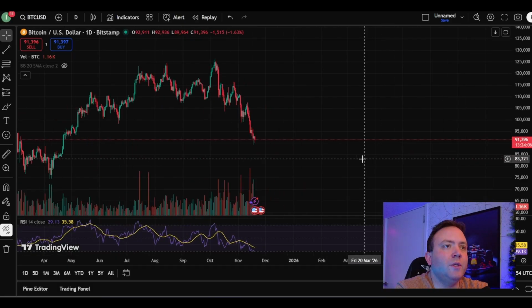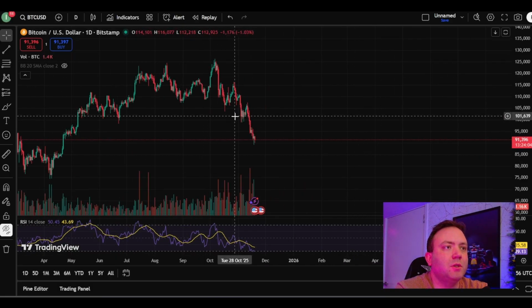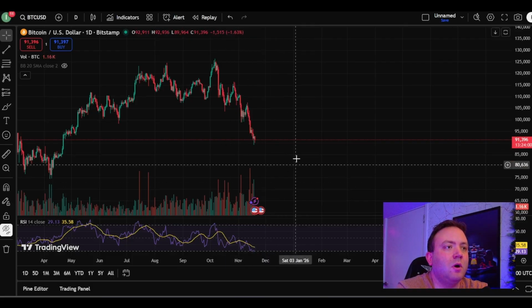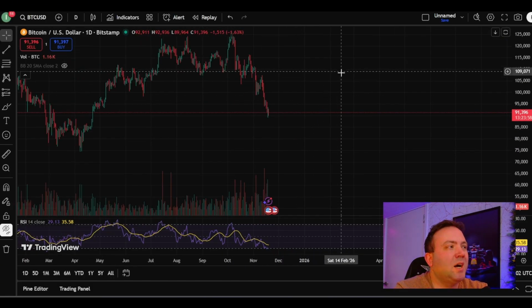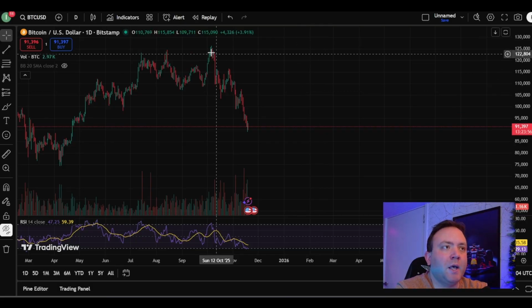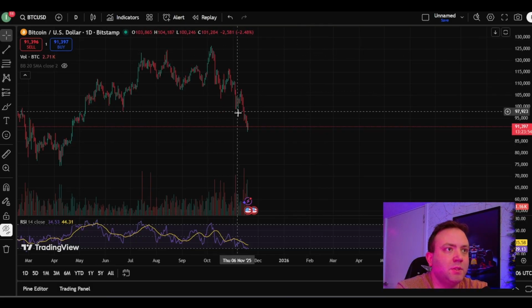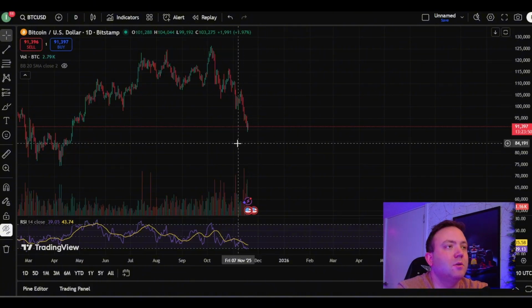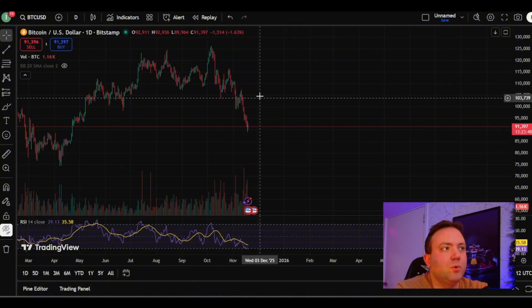Now, if we see a price being pushed down a lot, even without all the indicators, I like to think of the price as a rubber band. Now, what happens if you extend a rubber band? It's very likely to pull back, reverse, basically push back on that price.